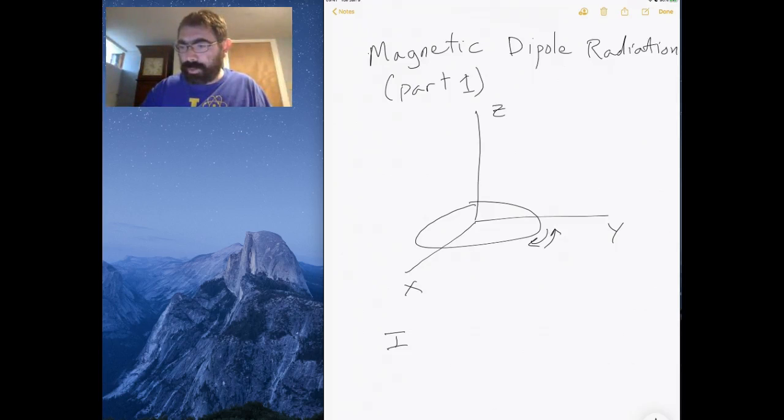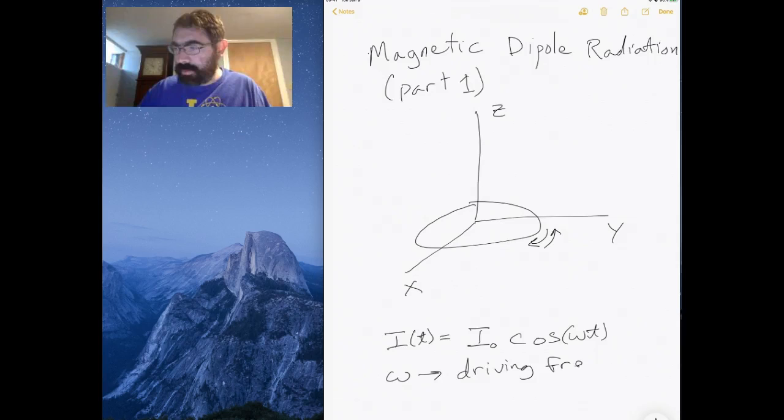So we can write the current with respect to time as some magnitude I0 cosine omega t, where omega is the driving frequency of the current. You can almost consider it as an alternating current, like an AC current.